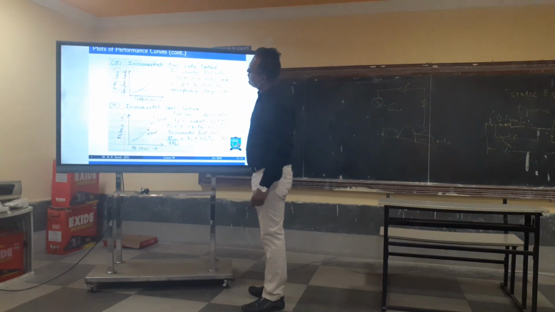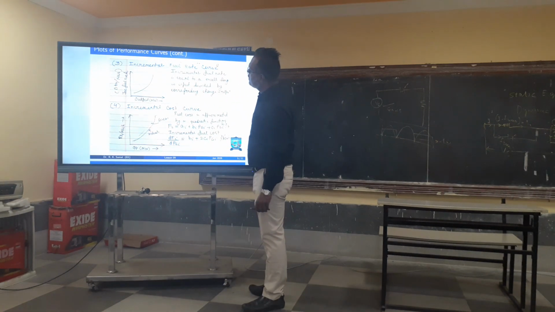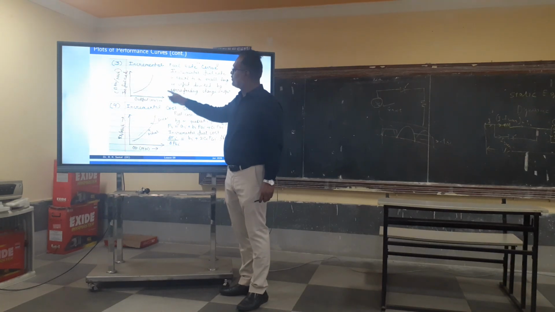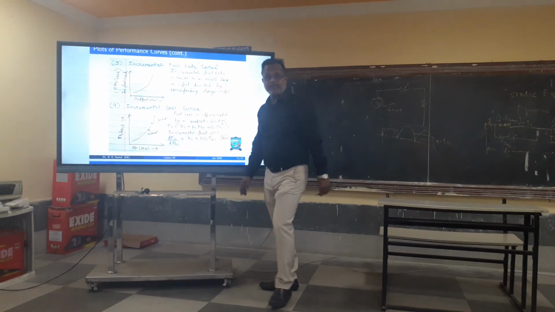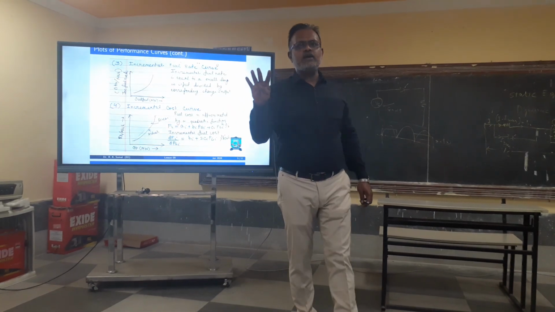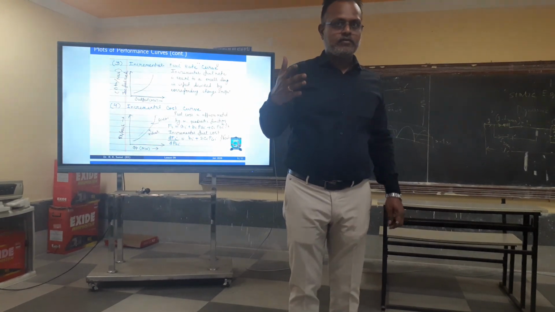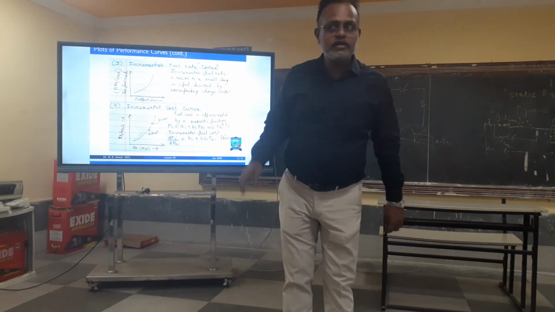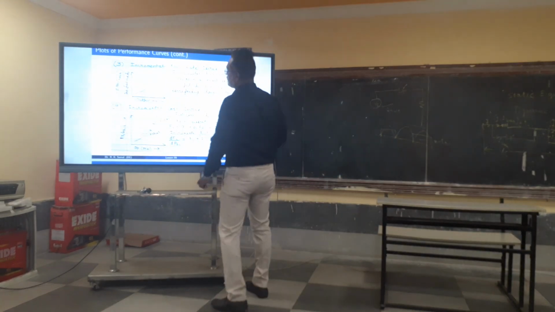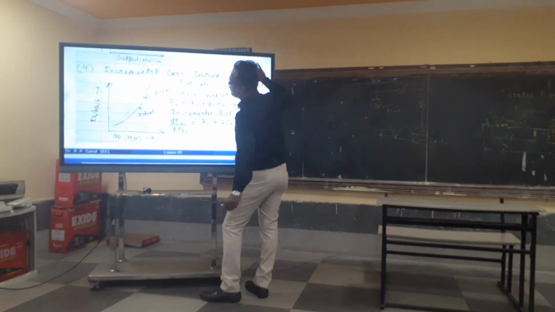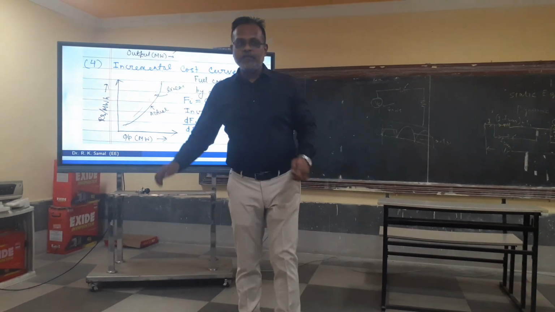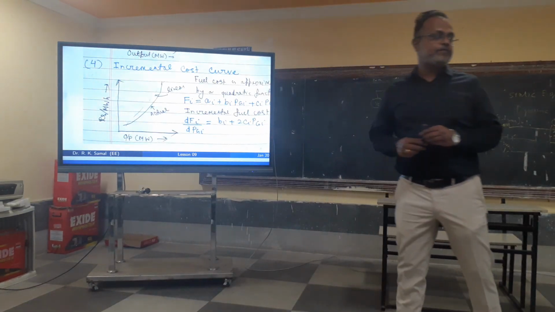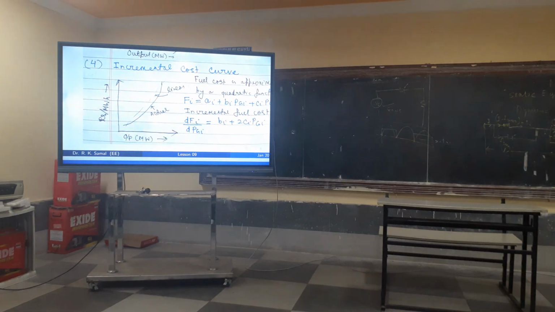And the third one is BTU per megawatt hour versus output, which is the incremental curve. Okay. And for our case, the first three curves are the steps, but we are interested in only the last curve. We are interested in only this last curve. Okay. So draw this incremental cost curve. Okay. So this is the most important curve that we are going to deal with.